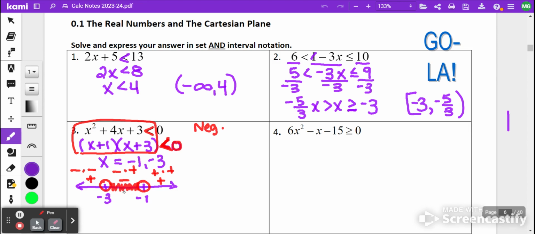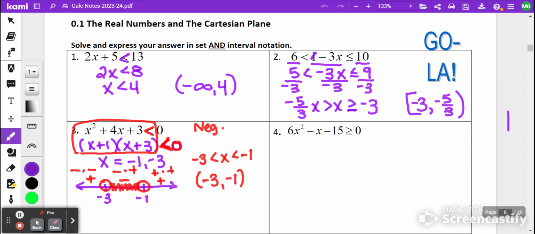We're looking for that negative number. So in set builder notation, we would say the solution is from negative 3 until negative 1, not including either of those solutions. In interval notation, we're going to say that it falls between but does not include negative 3 and negative 1.